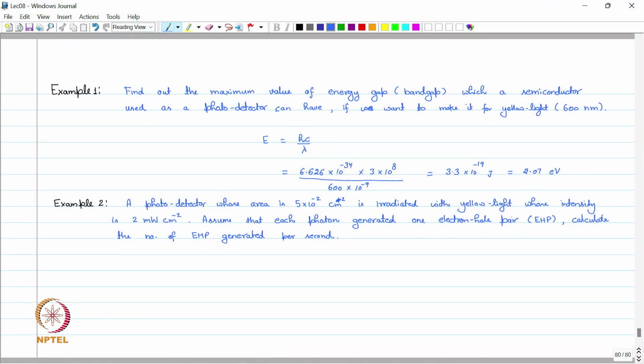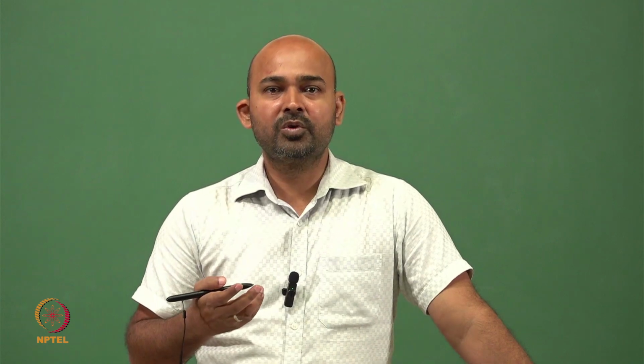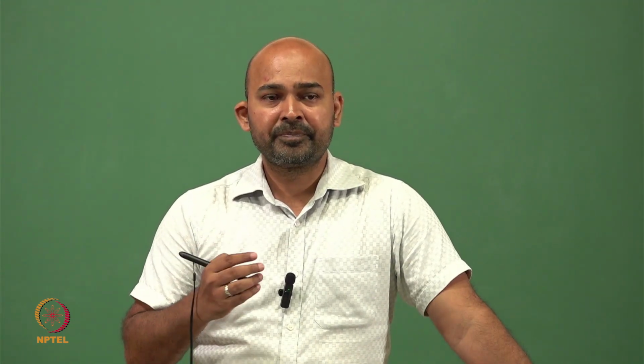So here the assumption is that each photon generated gives rise to one electron hole pair. It means the efficiency, or the quantum efficiency, of these photons is 100%.